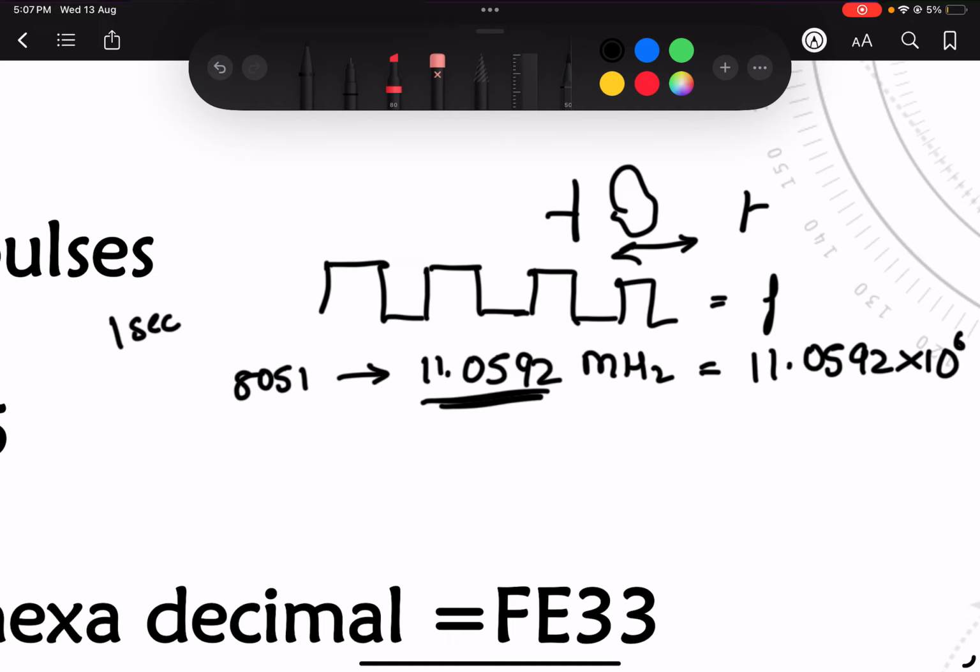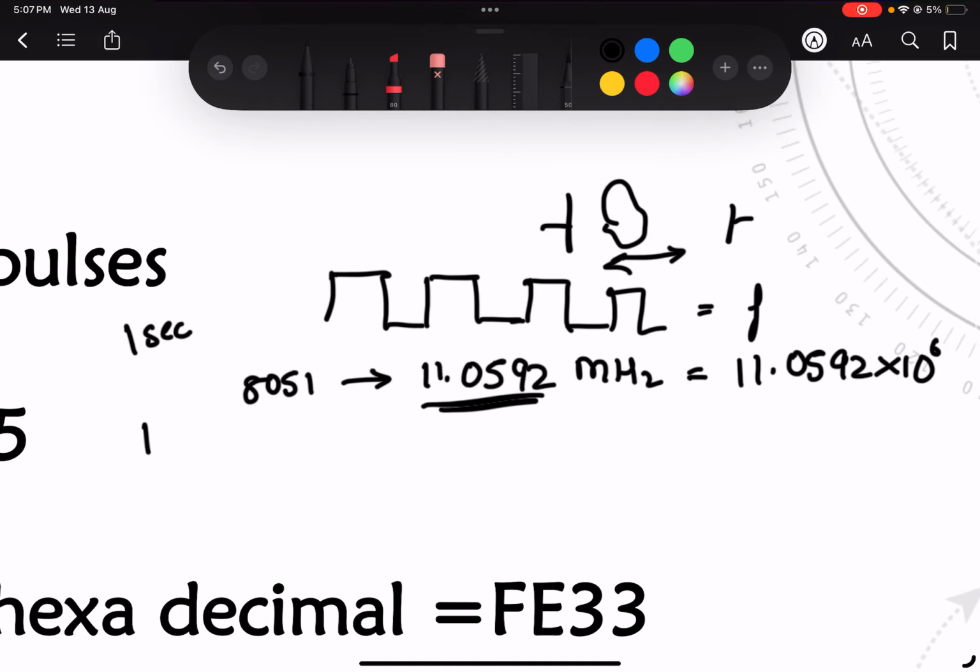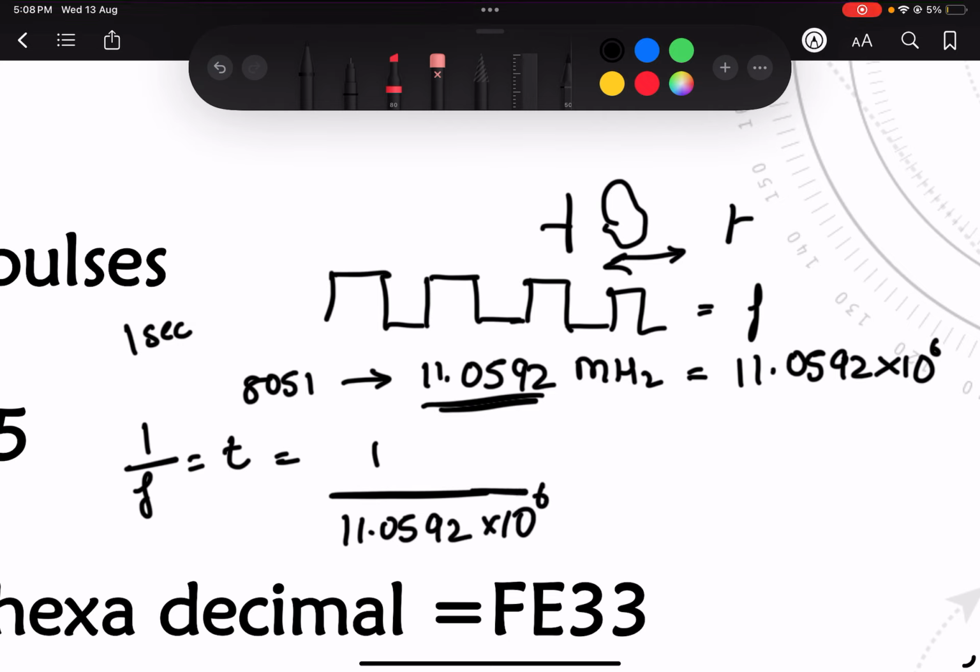How do I find out the machine cycle's duration? To find out the time period, you do 1 by f is equal to t, which in this case will be 1 by 11.0592 into 10 to the power 6, which should give you approximately 0.090422 microseconds.